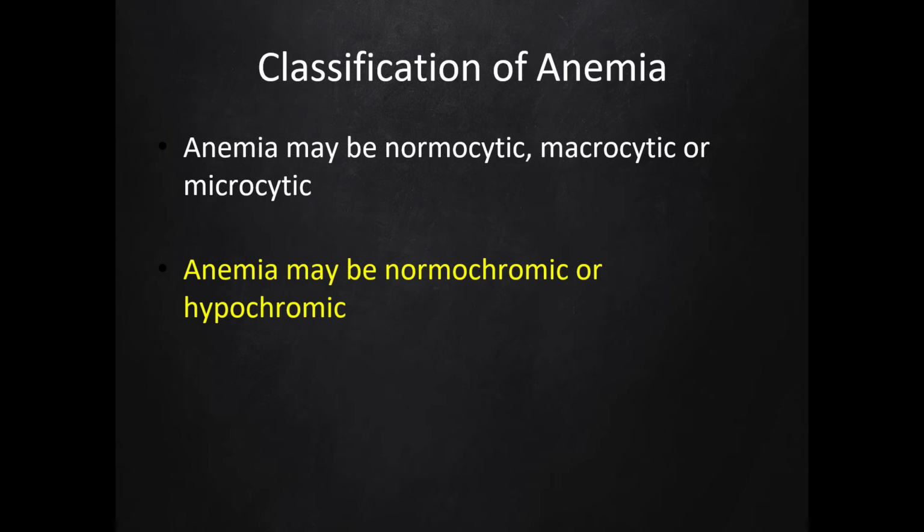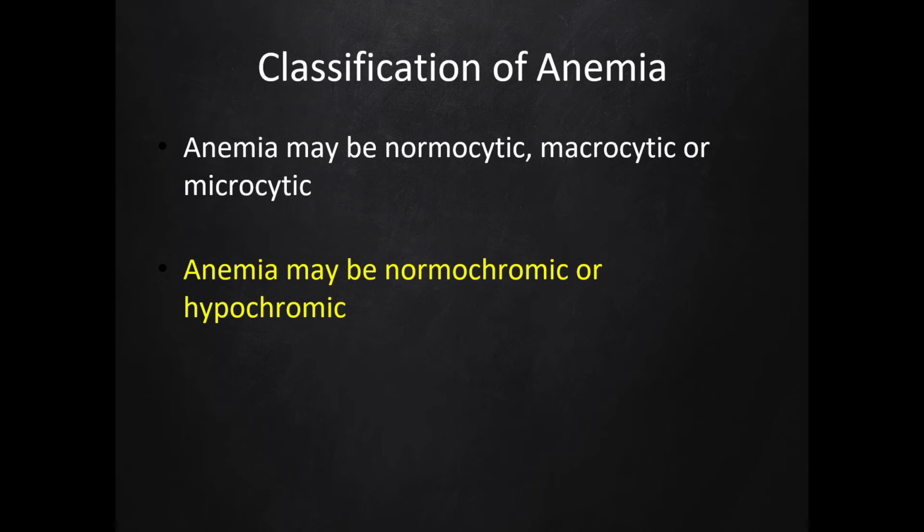So with marked anemia, the blood becomes less viscous, as I have said, and may cause a systolic heart murmur. So, the classification of anemia. Anemia may be normocytic, macrocytic, or microcytic, and anemia may be normochromic or hypochromic.